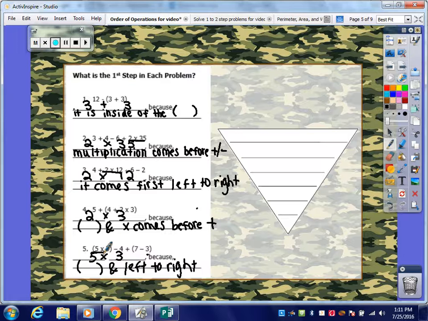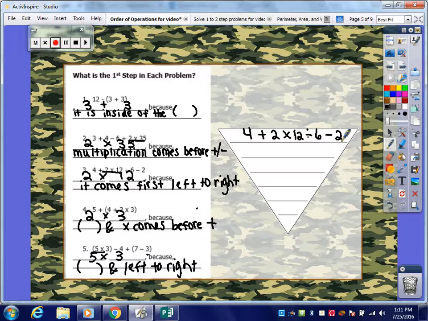All right, desk 7, what problem would you like to practice? Okay. Number 3, so on your triangle, you need to fill out the problem. So it was 4 plus 2 times 12 divided by 6 minus 2.